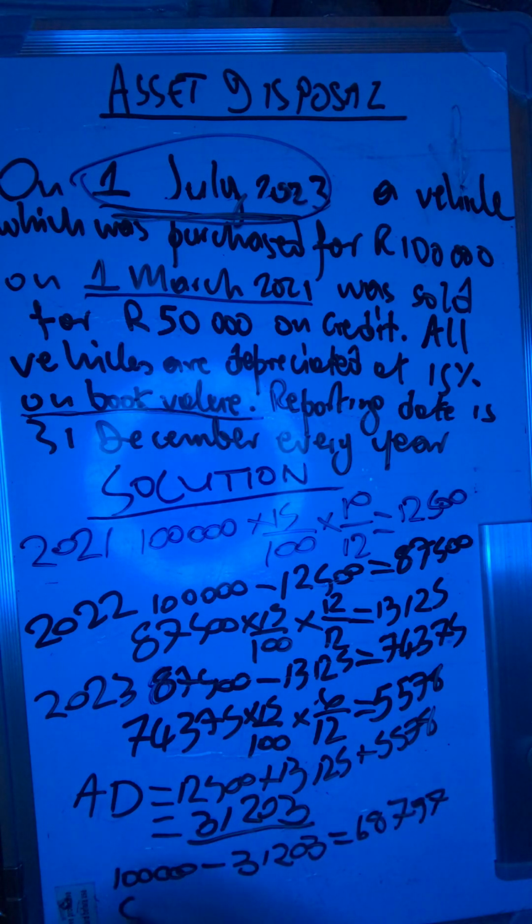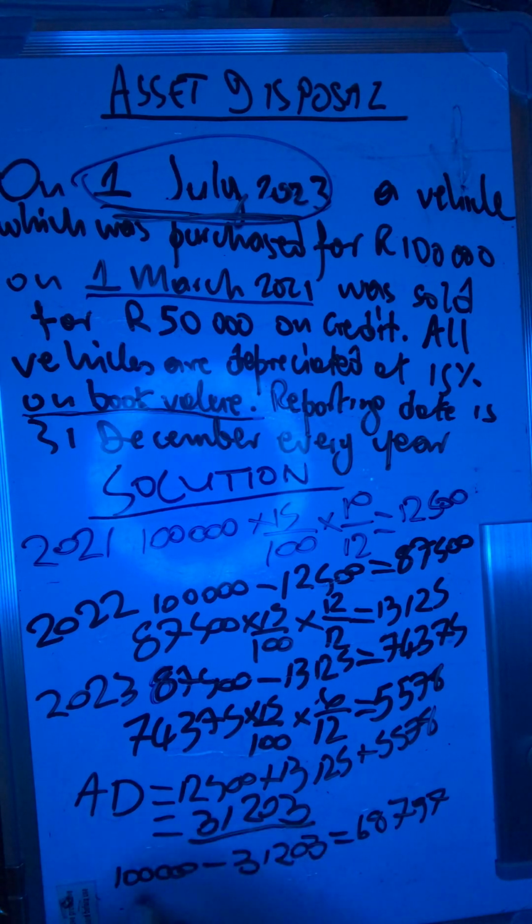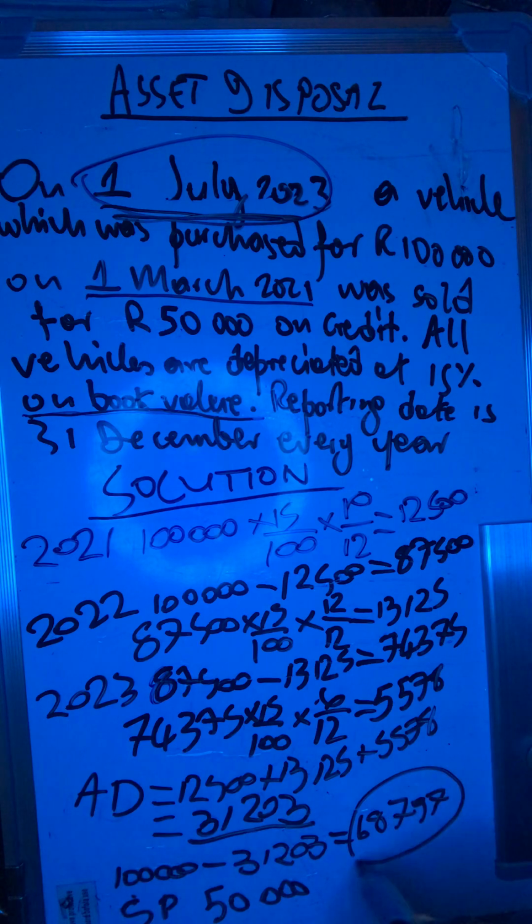Our selling price is actually an amount of 50,000 rands. So when you compare 68,797 with 50,000 rands, you can see that the carrying value is actually bigger than the selling price, which means we made a loss on sale of this asset.